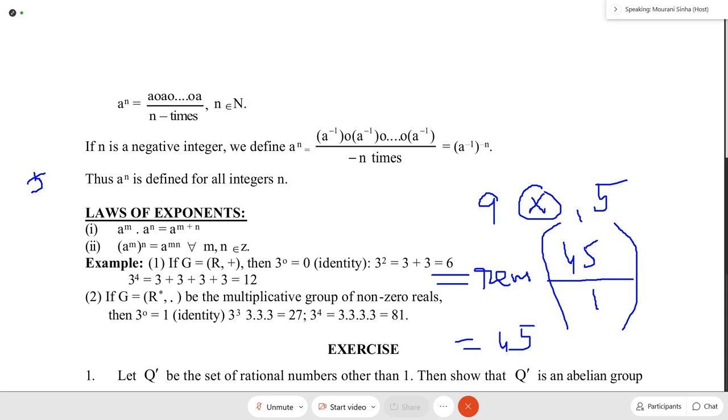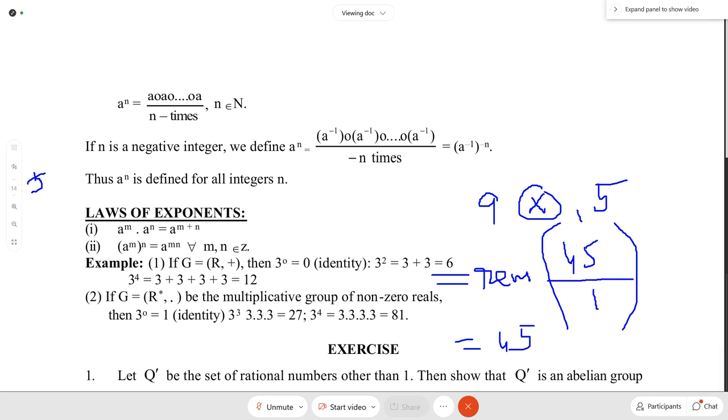So just check if you have understood this. Multiplication modulo 1 means remainder after dividing by 1. Pranay, have you got it? Okay.